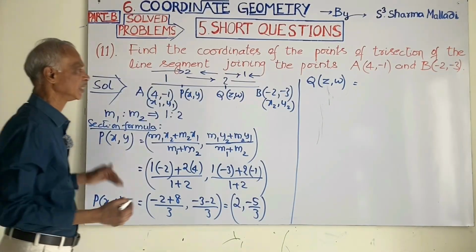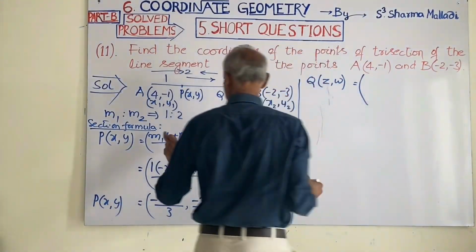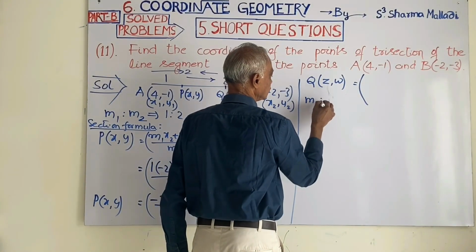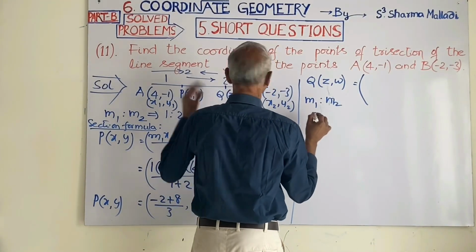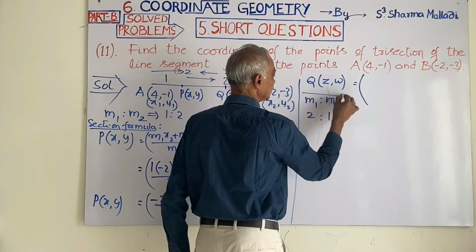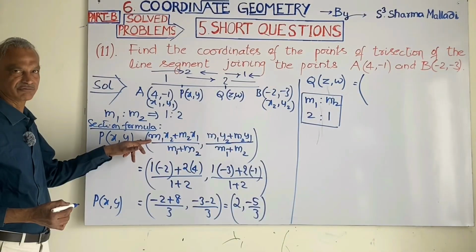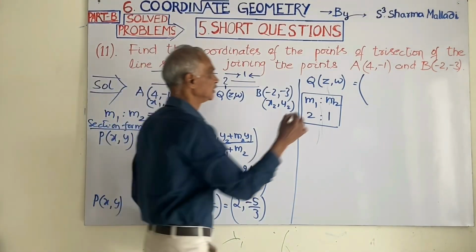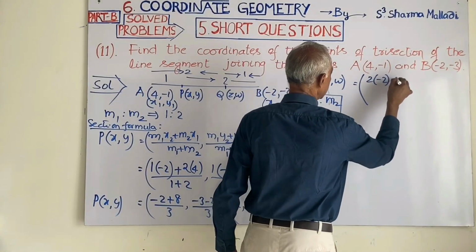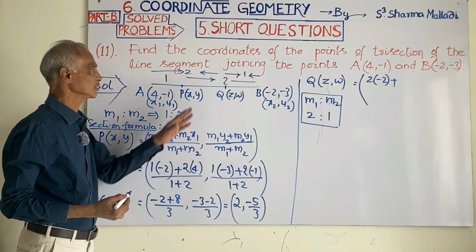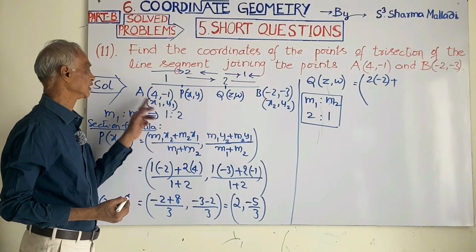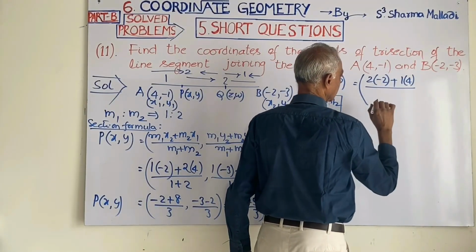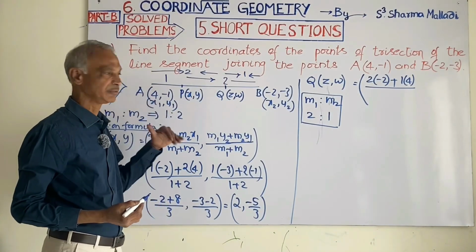We have to use the same formula. m1 will be 2 and m2 will be 1, that you should remember. m1 x2 means 2 into x2, which is minus 2, plus m2 x1, which is 1 into 4, by m1 plus m2, which is 2 plus 1.